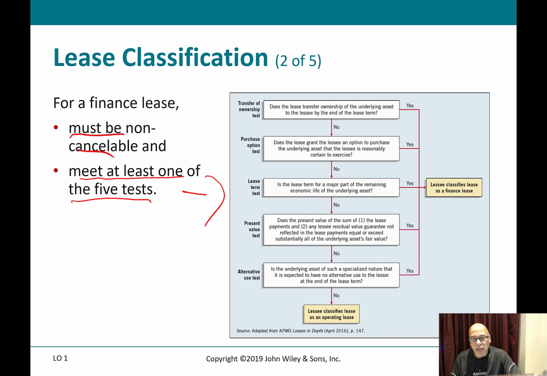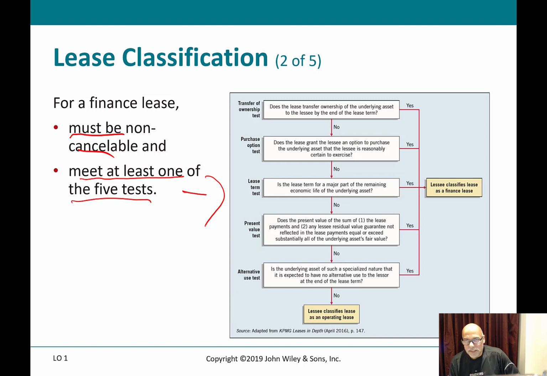And they're going to give us some guideline there that that's going to be a 90% test. So if the sum of those payments are greater than or equal to 90% of the fair market value of the property, then we're going to say, hey, that's met a criteria for a finance lease, and we'll treat it as a finance lease.